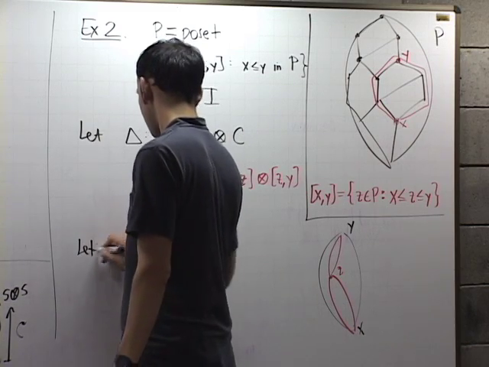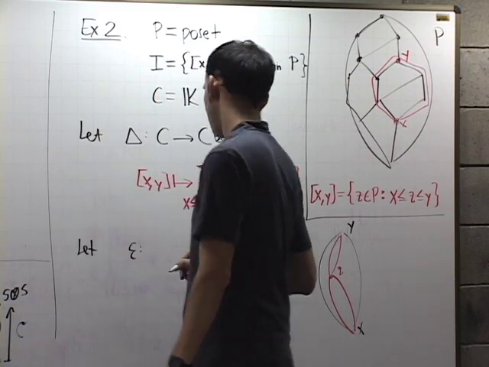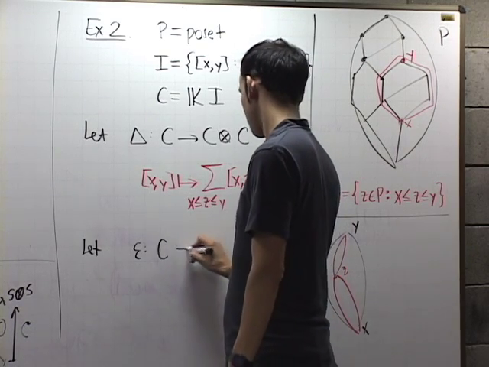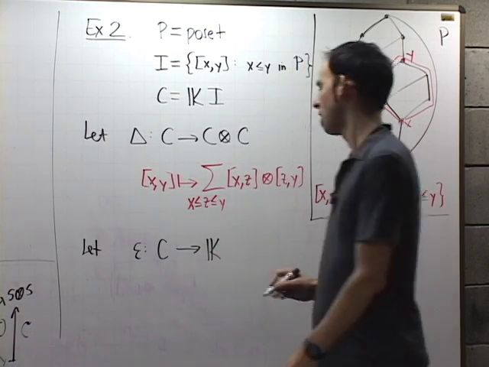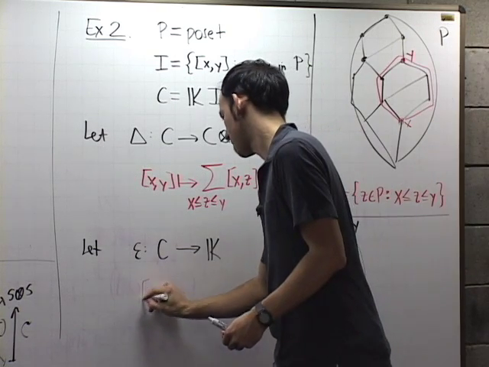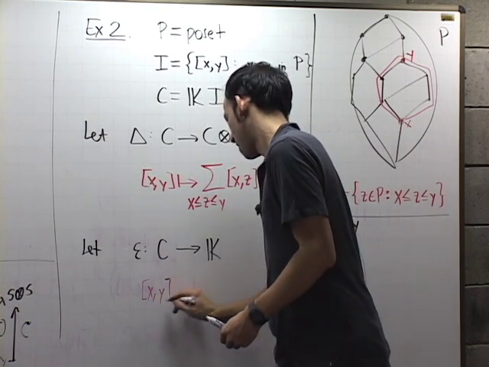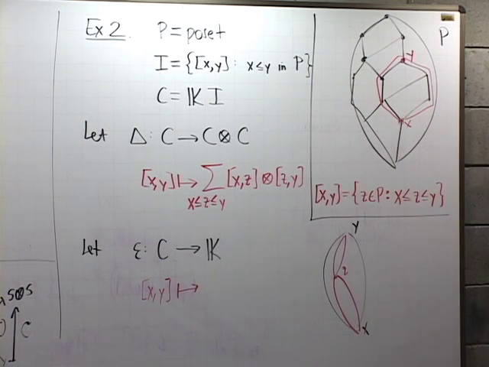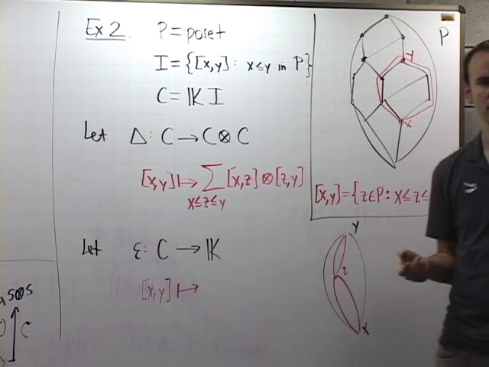Now, let's actually consider the counit. It needs to map a basis element to something. Okay. And again, it seems natural that you should map things to either 0 or 1.